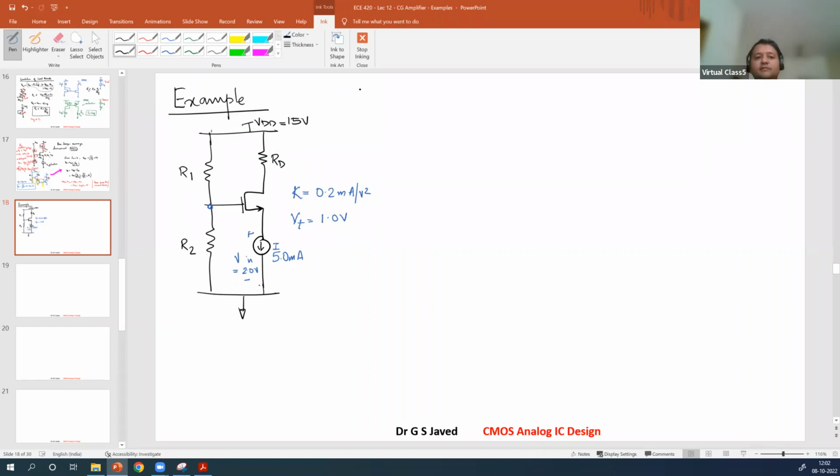So the question is, determine the proper resistor values to DC bias the MOSFET.